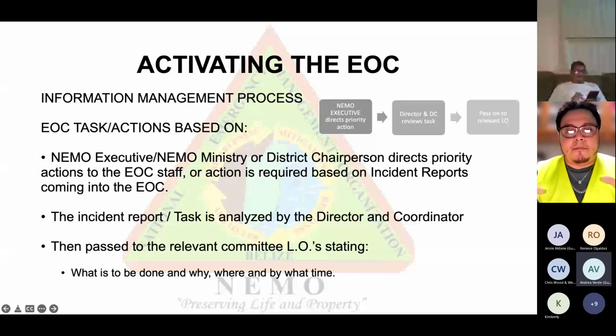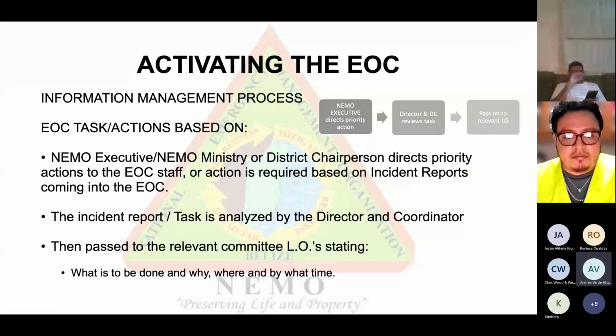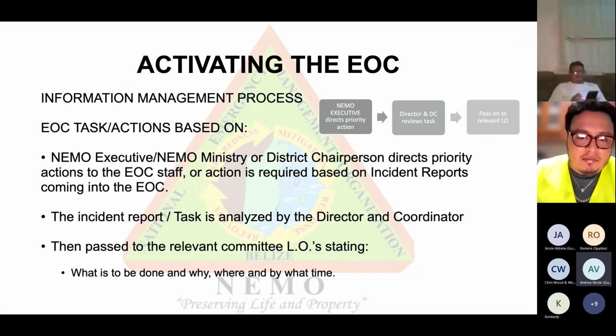We have the minister at the national level, which is Honorable Habet, and in the Corozal district, which is Honorable Marin. These are the persons who direct priority actions to the EOC staff, or action that is required based on any incident reports coming into the Emergency Operation Committee.